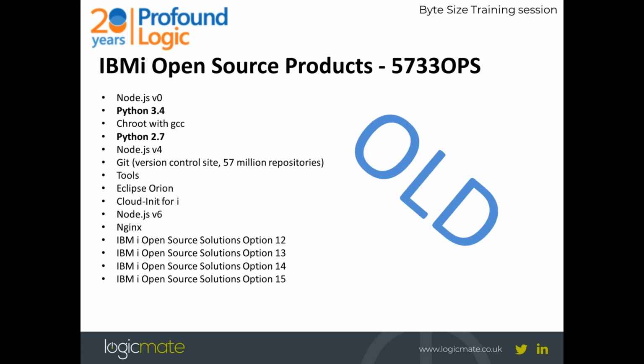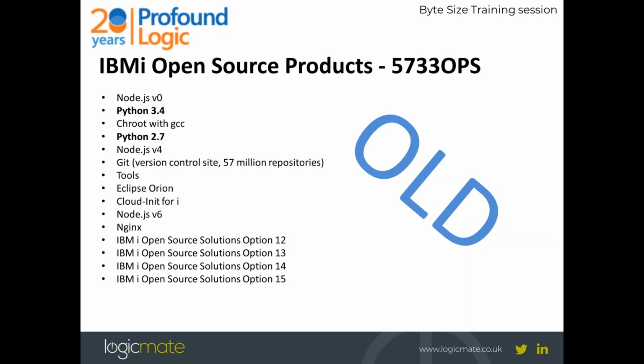Okay, so what we're going to talk about predominantly is open source products on the IBM i. Open source products came around quite a few years ago, and they were originally delivered as part of the licensed program suite on the IBM i.